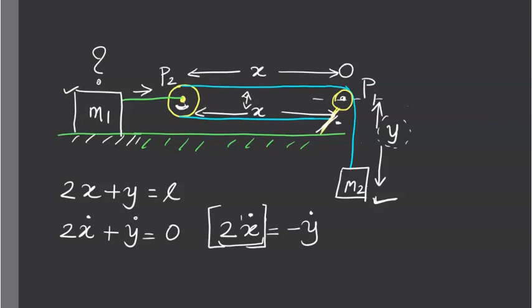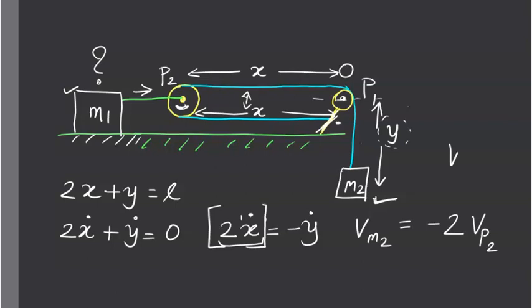So this means the velocity of block M2 is equal to minus 2 times the velocity of pulley P2. This is the relation.